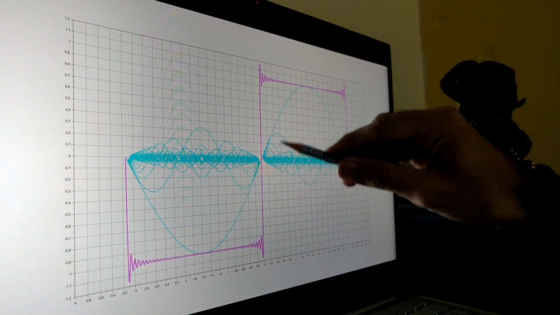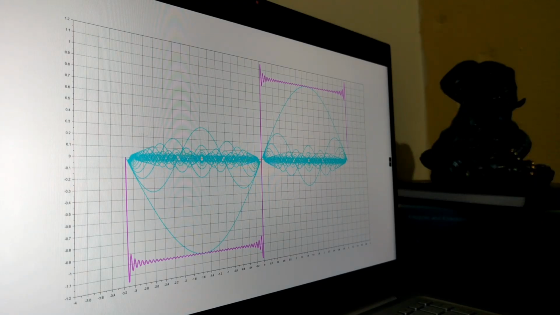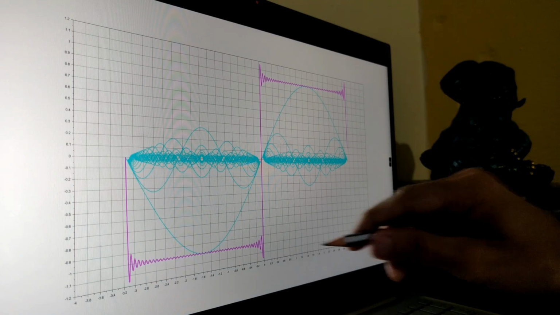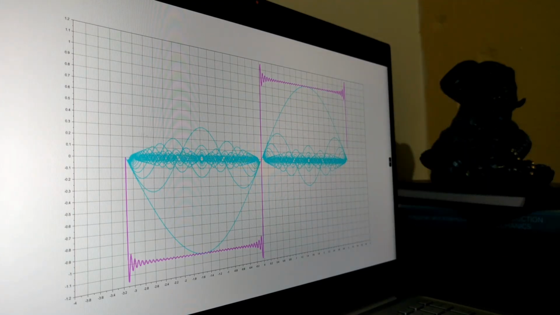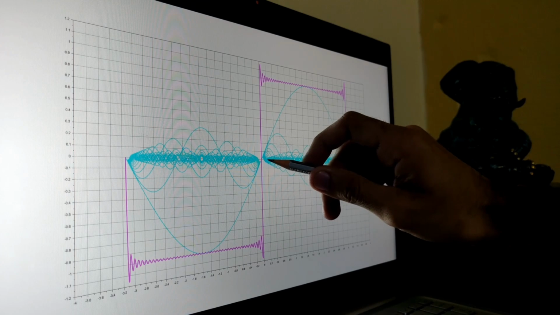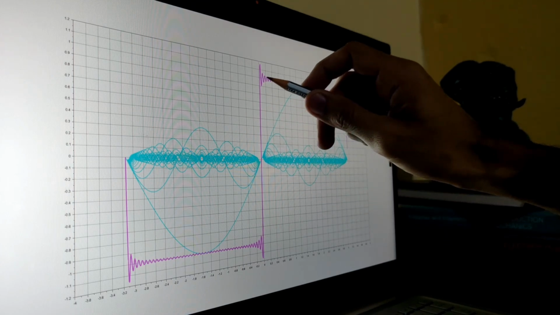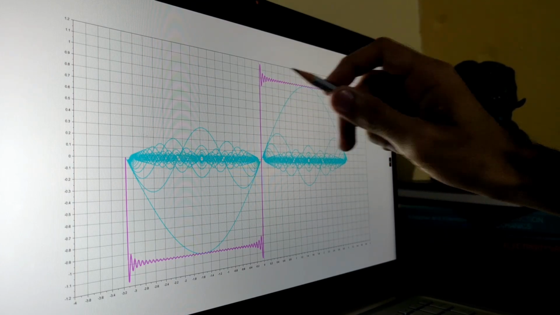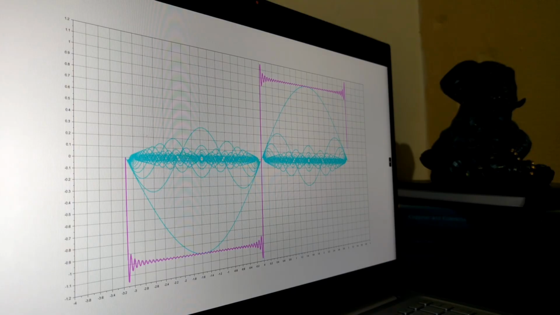Even together, these sine waves are not going to create an infinite slope for you right here. So these sine waves, when they superpose here, they struggle to create a sharp corner. And so you do not get a perfect square wave. And why not? Maybe perfection is impossible.